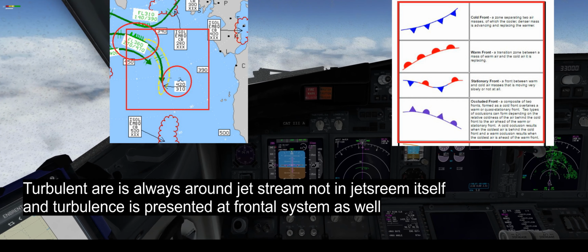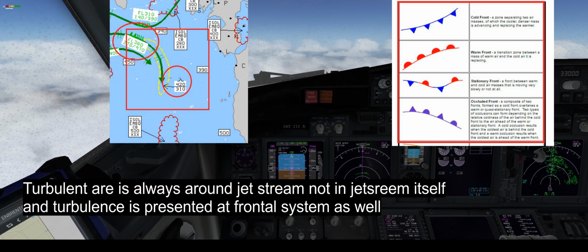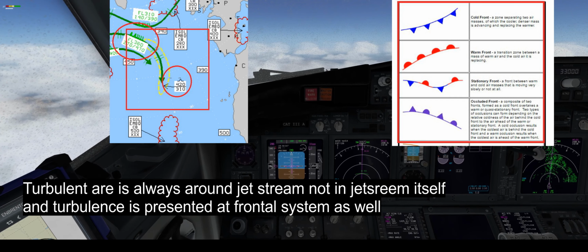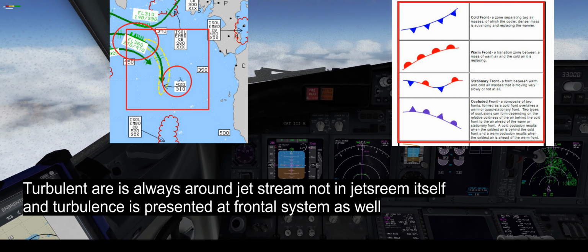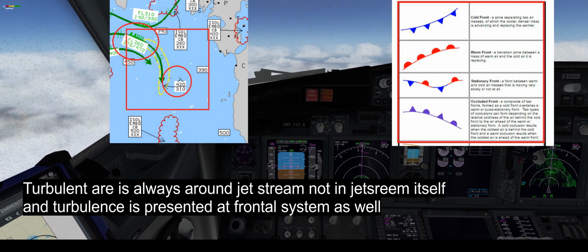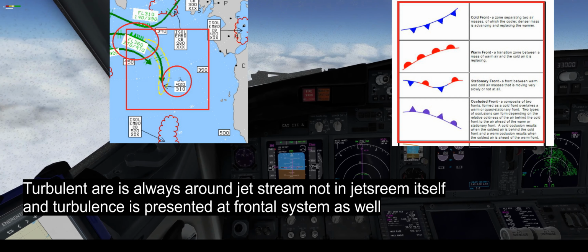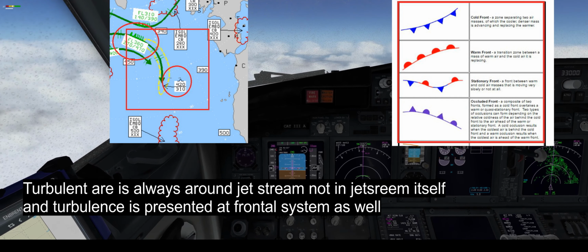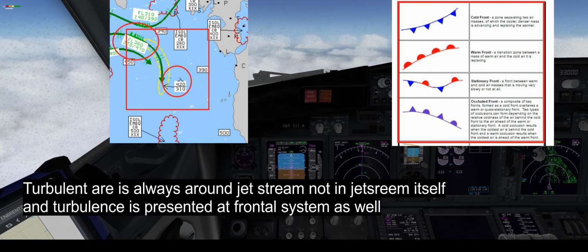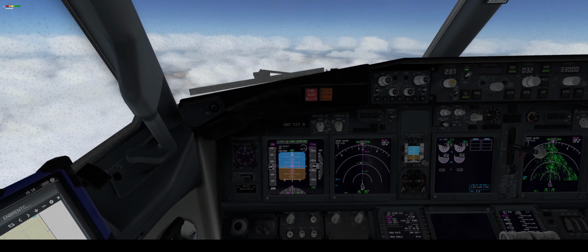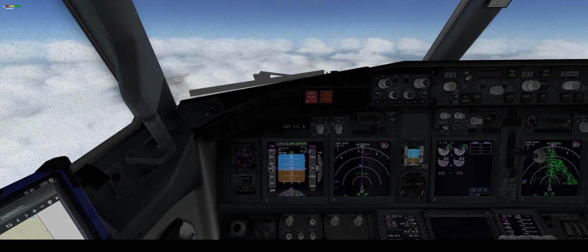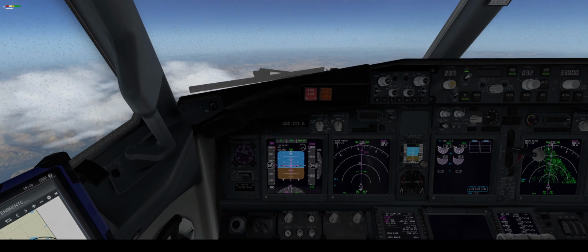So that means it should be 5,000 feet below, 5,000 feet above, or let's say a few miles on the sides, okay? So basically this is the clear air turbulence area, and it means one air mass is going to catch another air mass.